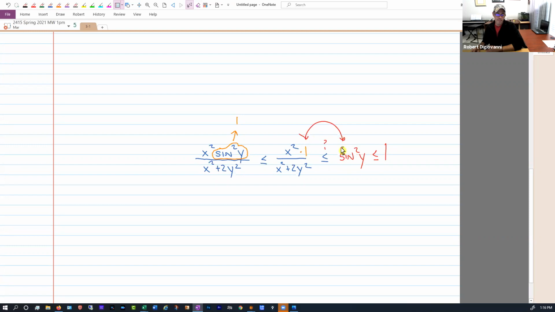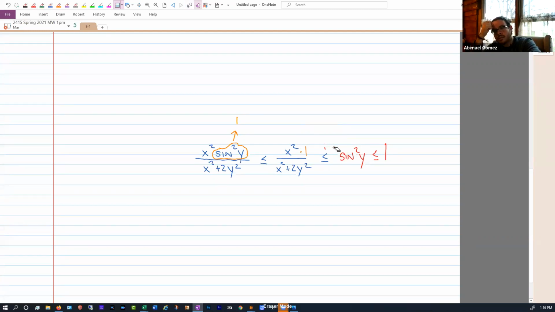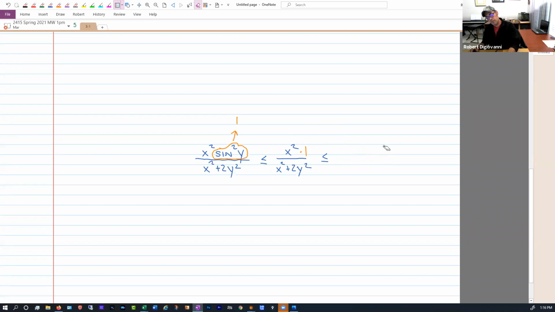So are we trying to get rid of the 2y squared? Well, you're trying to come up with something over here that you know would be bigger than this. And that thing over here that we put must, when you take its limit, go to 0.